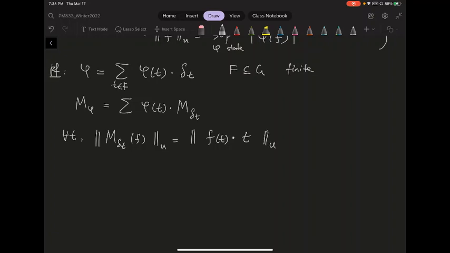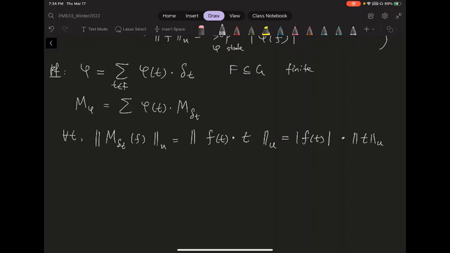You just take the t coordinate, because everything else gets multiplied by 0. The nice thing about this is that it is a single entry. So first of all, f of t is just a scalar. You can move it out, so this f of t, and then you take the uniform norm of the single entry t.